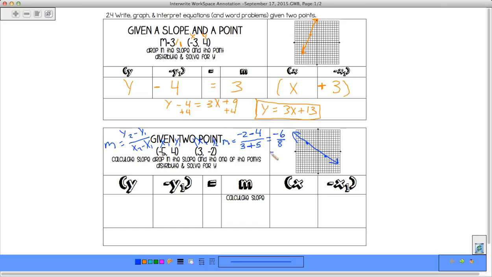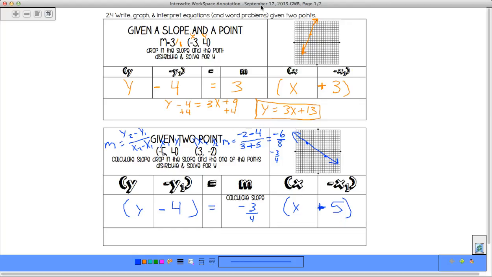And then we can reduce that down to -3 over 4 because we can divide both of these numbers by 2. Once I have that, I'm ready to just plug in y1 we said was 4. And x minus x1 we said was -5. So minus a negative would be plus 5.